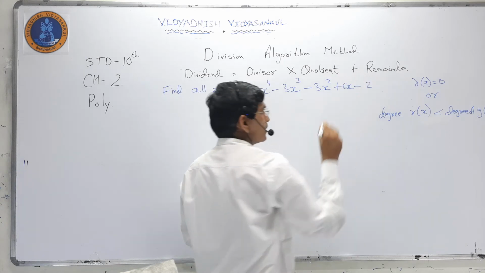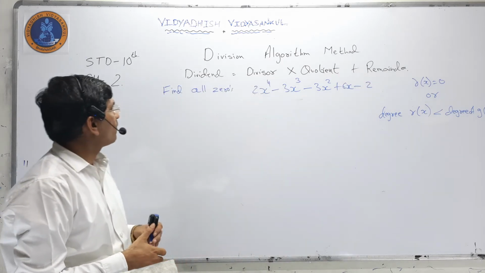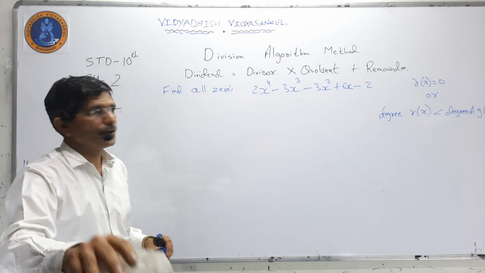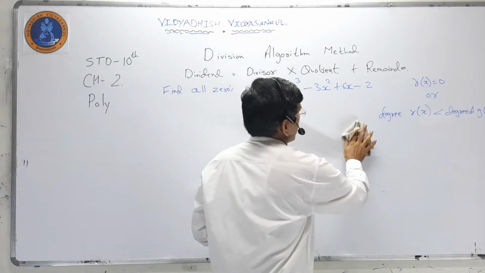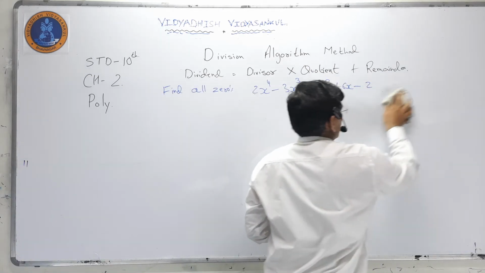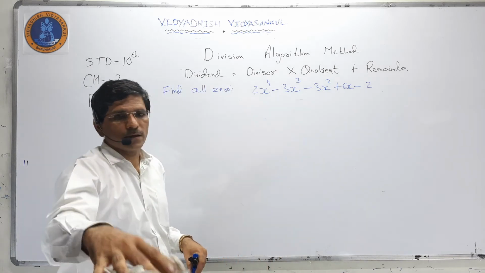That is our question. Find all zeros if 2 zeros are given.